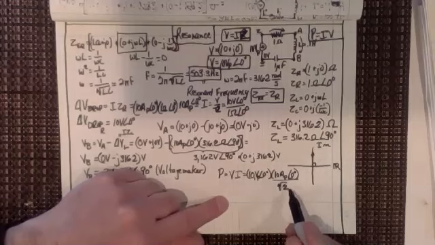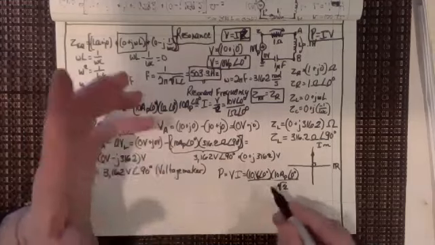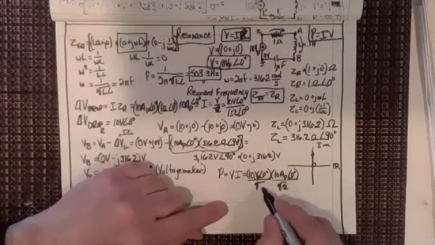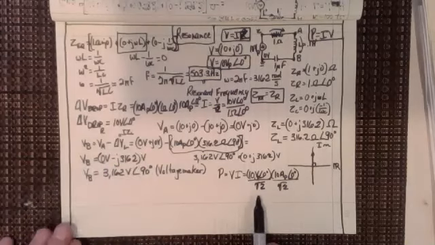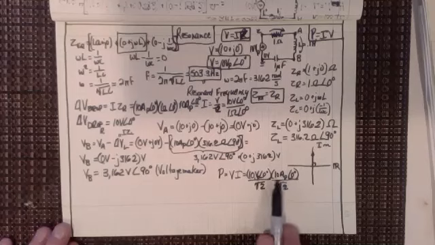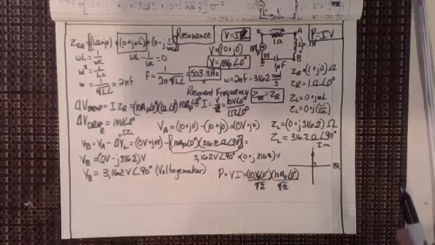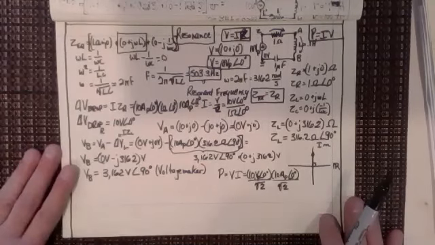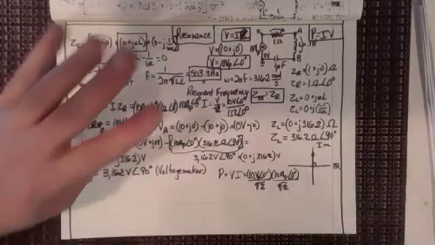into RMS. And the reason I wait till the end to do this is I wanted to show you again what we've got here. We've got the square root of 2 under 10 volts peak, and we've got the square root of 2 under 10 amps peak, right? So the square root of 2 times the square root of 2 equals 2. I love it when that happens.